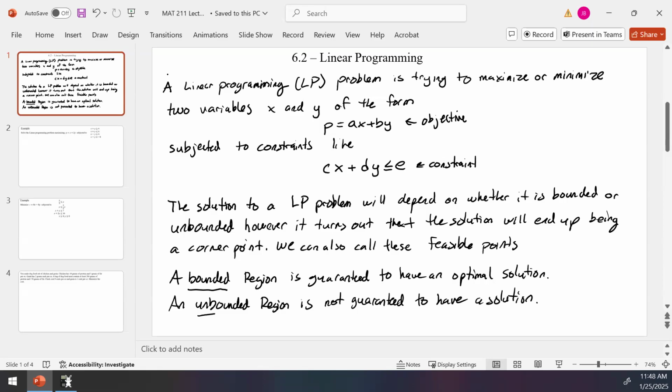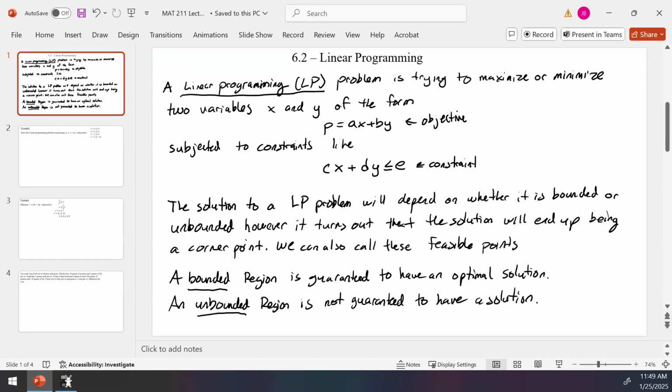So that's important. When you're setting up your linear programming problem and you recognize that you do have a bounded region, then automatically you can get rid of any of the unbounded regions and only focus on the bounded region. If you do not have a bounded region, then any of your unbounded regions can contain the solution. And so that's what you're looking at.